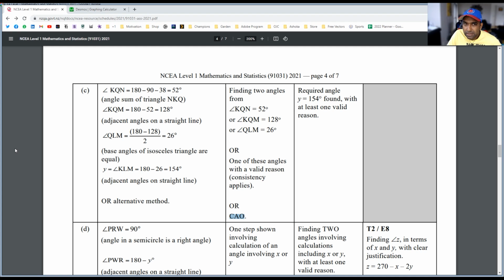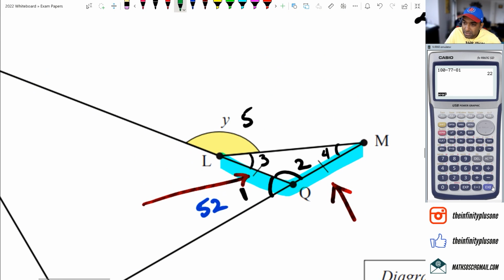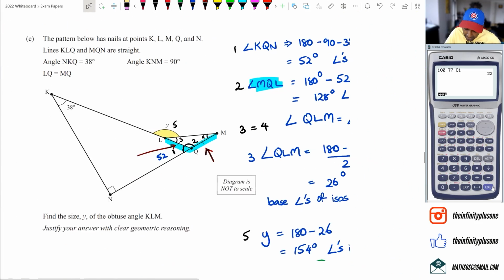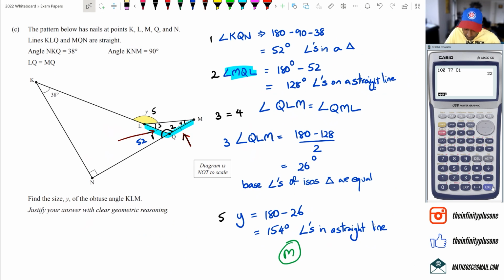So if you understand your rules, then what you could do is what I did here: play around with this, try and figure out what the numbers are, and then if you get the answer and get one reason correct, you could be getting a merit for this question. Which is actually not bad at all. All right, let's go to the next question.